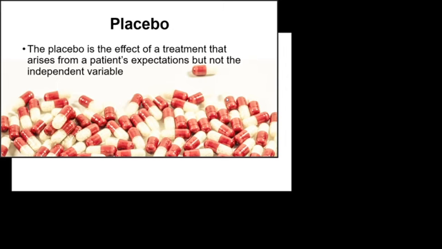So if we were giving the experimental group a pill that contains that experimental drug, maybe the control group receives a sugar pill. So they still get a pill, they don't know what group they're in, but it has no chemical effect.